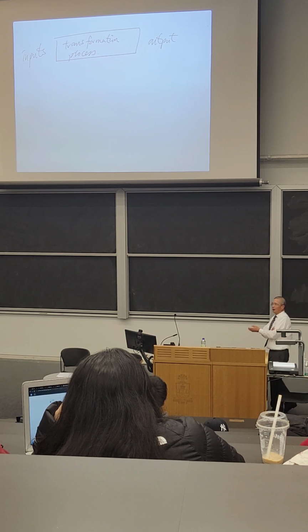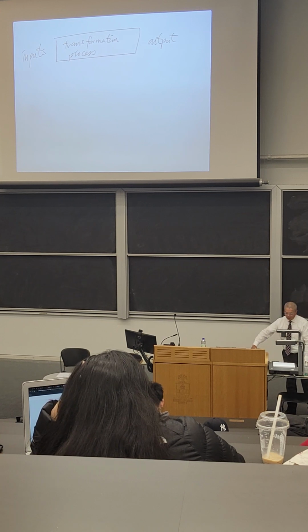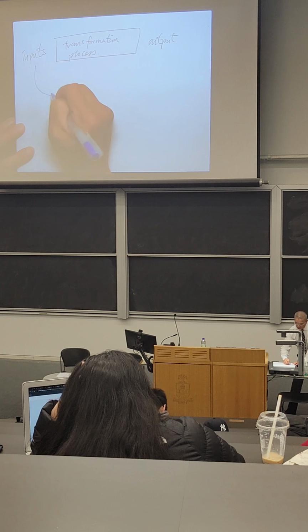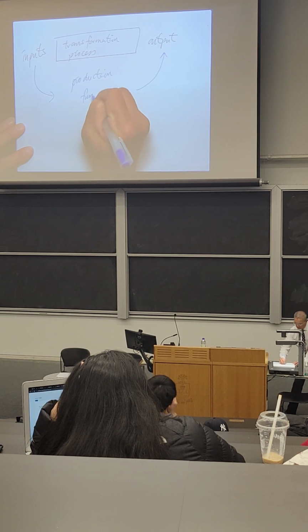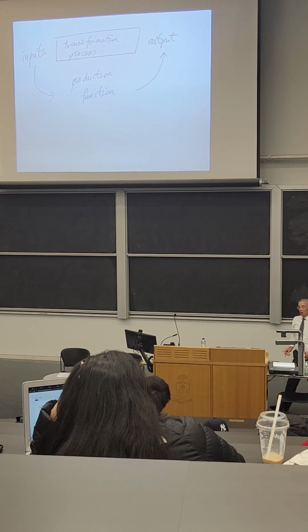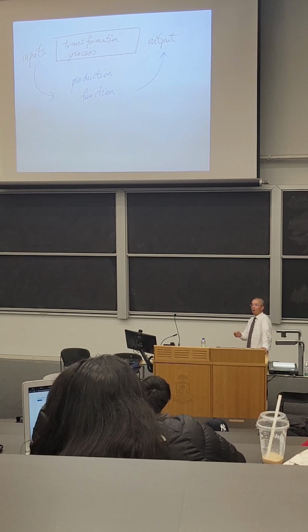They take the flour, butter, sugar, egg. These are the inputs. And then mix them together, put it in the oven, and you get bread, the output. This transformation process captures the input and output relationship, which is what we call the production function. Production function captures the relationship about inputs and outputs. That is, how inputs are being transformed into outputs.